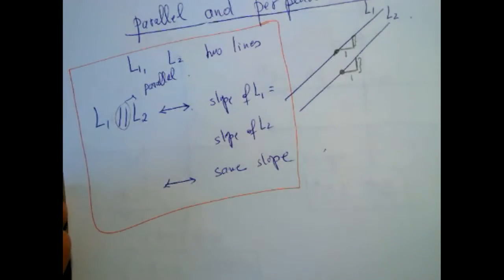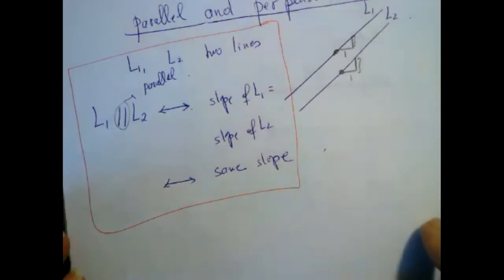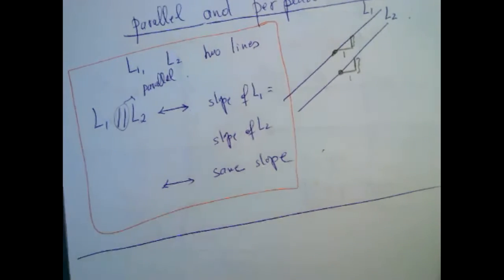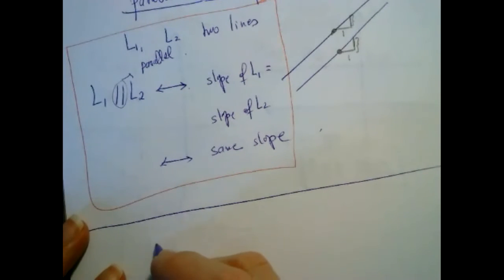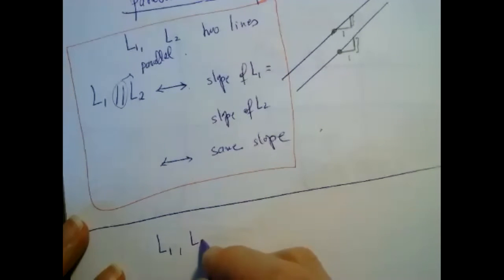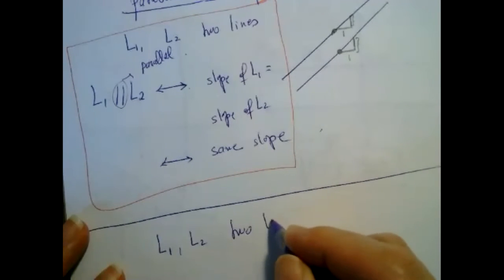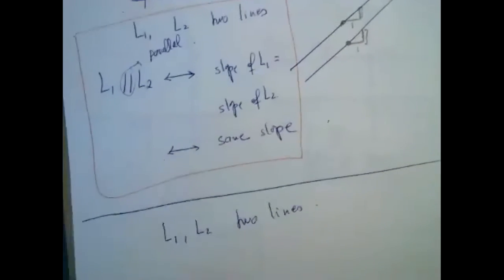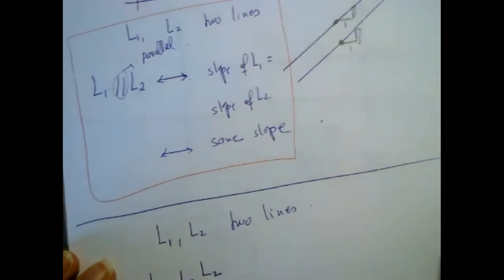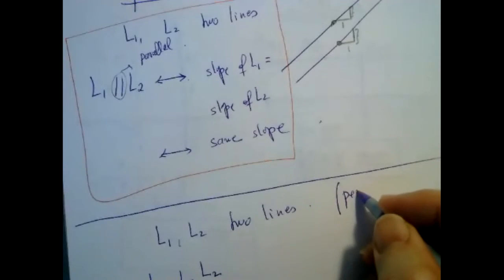Perpendicular is slightly different. Suppose L1 and L2 are two lines, and suppose L1 is perpendicular to L2. I keep using symbols, my apology.